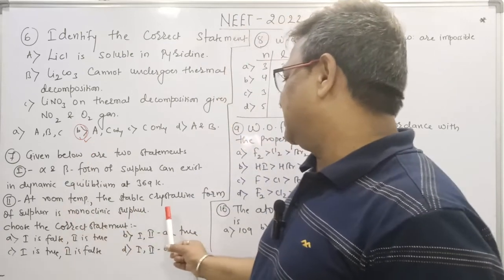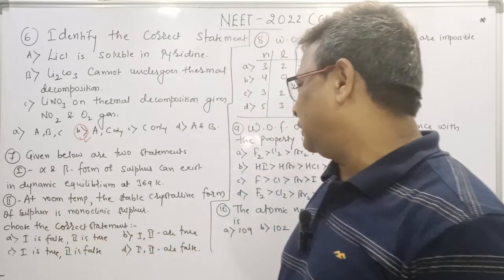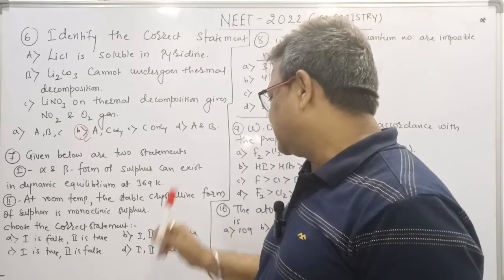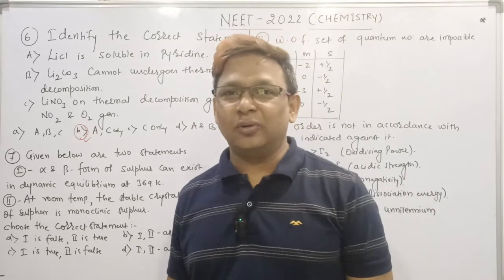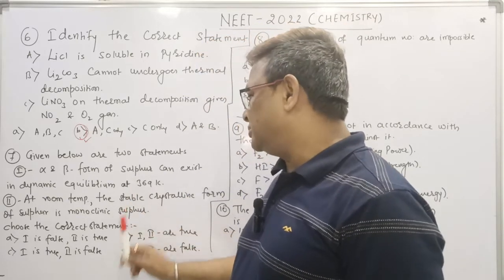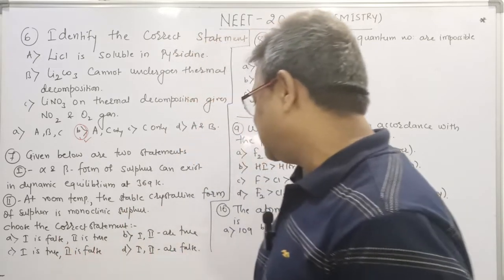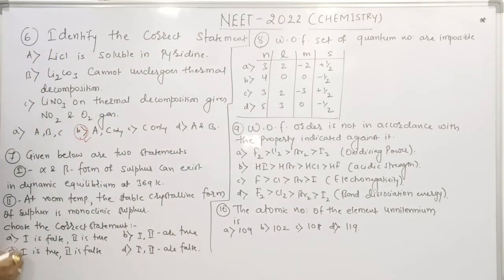At room temperature the stable crystalline form of sulfur is monoclinic sulfur. No, at room temperature the stable crystalline form of sulfur is rhombic, but not monoclinic. NCERT statement. So statement 1 is correct, 2 is wrong. 1 is true and 2 is false. So option C is correct.